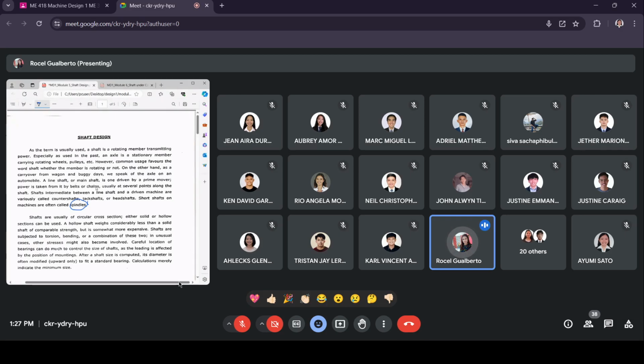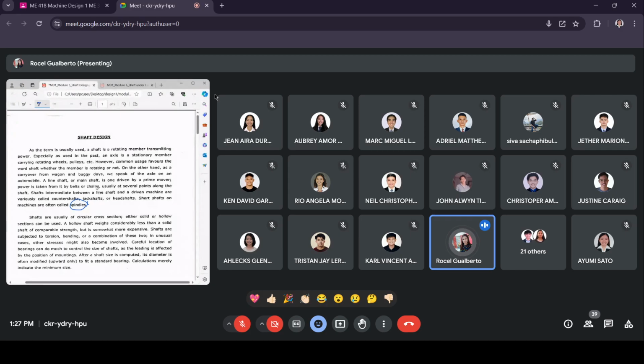If you are familiar with a dynamo, okay? The rotating member in a dynamo, you call that the spindle. So it's a short shaft or a small shaft, okay? And then when we say secondary or counter shaft, it is simply... the main function of the shaft is to transmit power, okay?